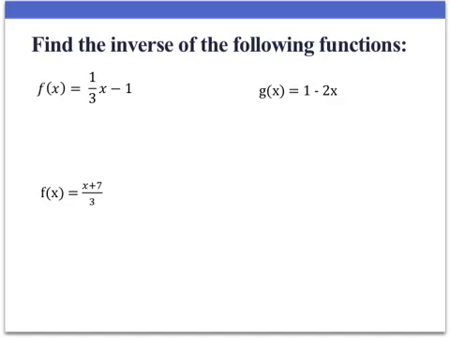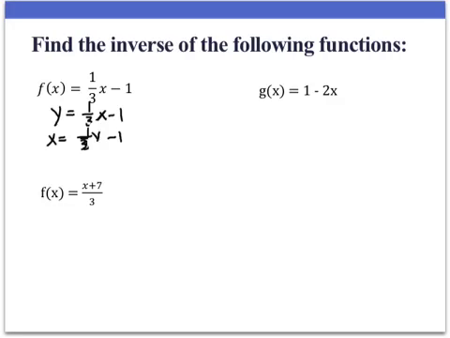We're going to end this lesson with finding the inverse of these three functions. And the first step was to replace f of x with y. And then we're going to swap x and y's positions, like so. And then we're going to solve for y. Correct that real quick.